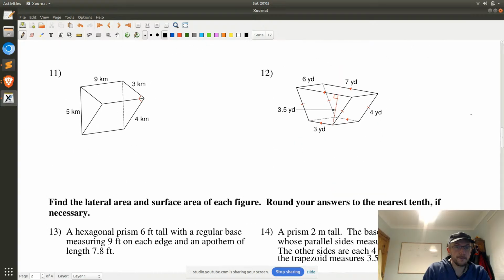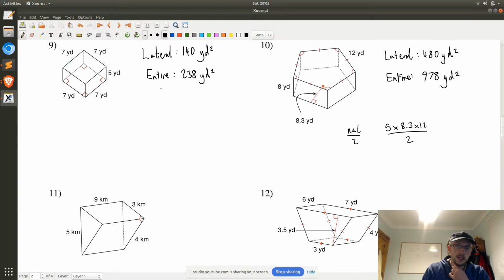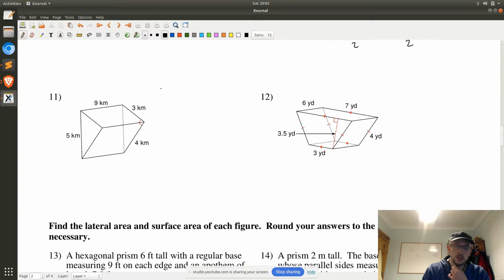Next up, we have this right triangle prism here. So it's the 3, 4, 5 triangle. I don't know what the actual lateral surface area would be in this case. Well, I guess it would be the 3 sides around the prism, the 3 rectangles around the prism. So that's just going to be the perimeter all times by 9.